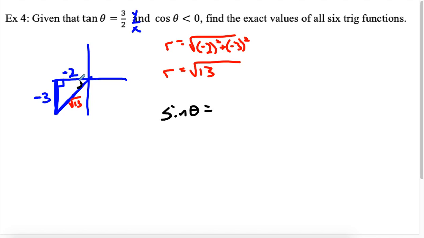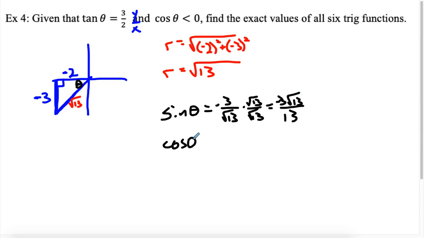Okay? So I can draw in theta here. It would always be the angle where the vertex is the origin, when we're drawing a picture like this. So sine is going to be opposite over hypotenuse, -3 over the square root of 13. We would need to rationalize, so times square root of 13 over square root of 13. We'll end up with -3 radical 13 over 13.